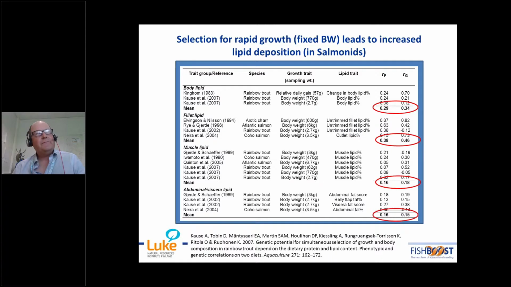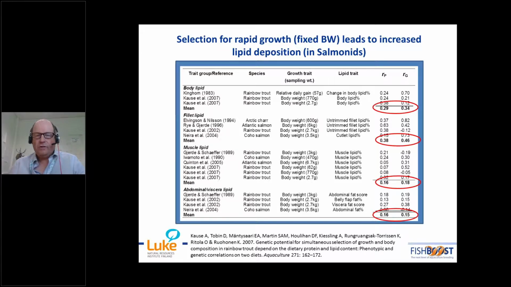We know very well that typically fast growth in fish, and in salmonids especially, is related to increased lipid deposition. And this is when we assume that we will slaughter the fish at a fixed body weight. It means that the fast growing fish are depositing more lipid.